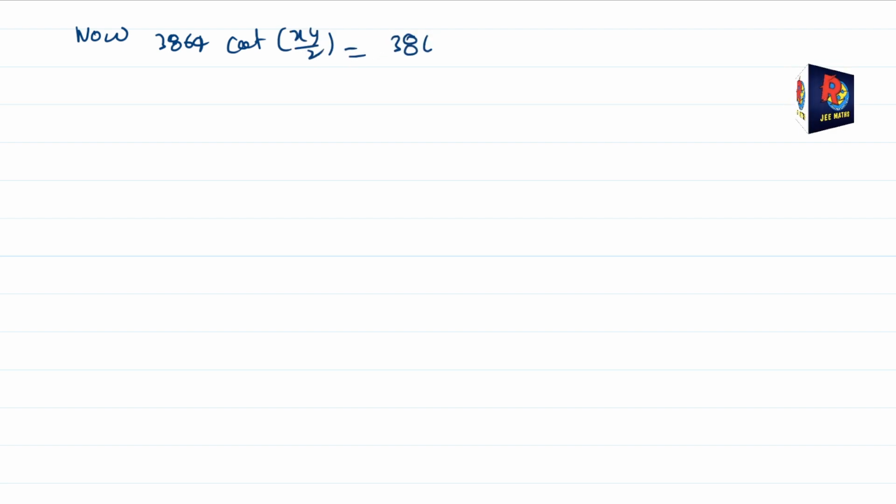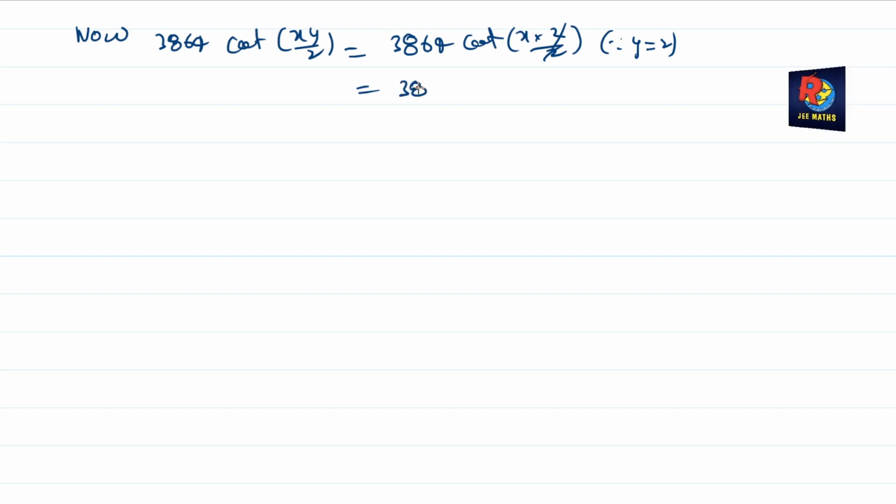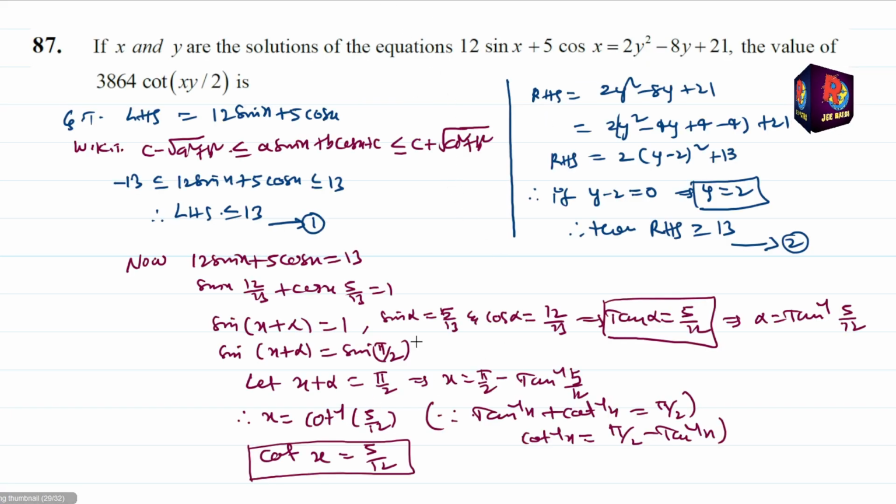So 3864 into cot x value, keep it as it is, y value 2 cancels, since y equals 2. 3864 into cot x. The cot x value is 5 by 12, which we already found previously.